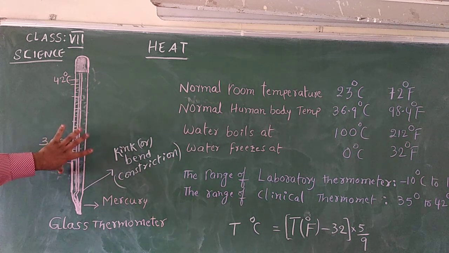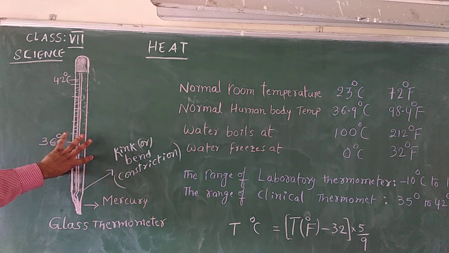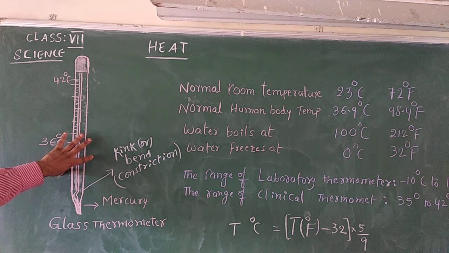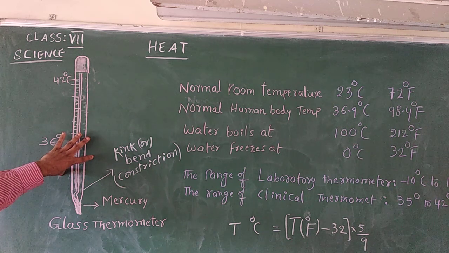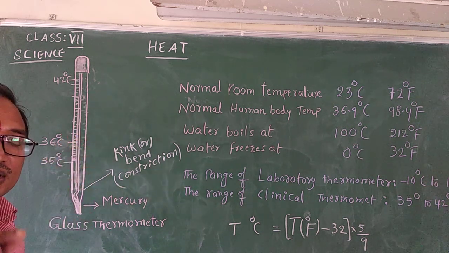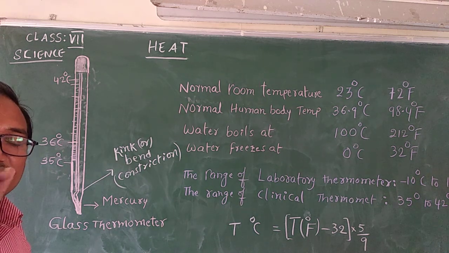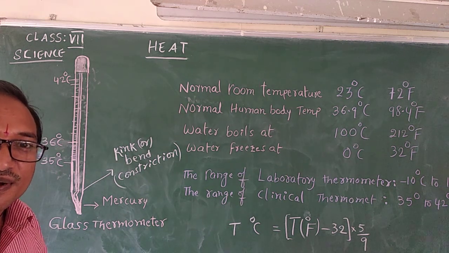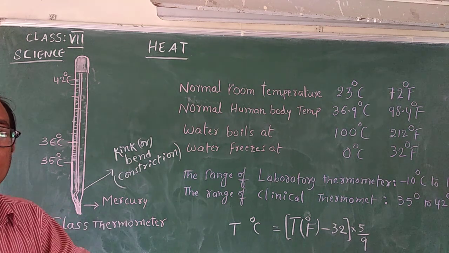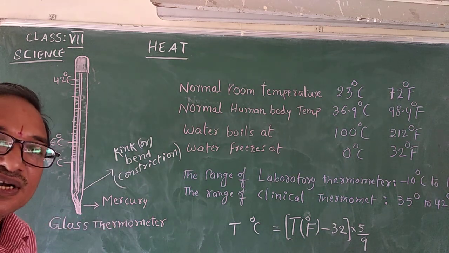With the help of this thermometer, we can measure the temperature of human beings. When we get fever, we go to the doctor. What will the doctor do? By using this glass thermometer, he will measure the temperature. By observing that, he will tell whether we are suffering from fever or not.